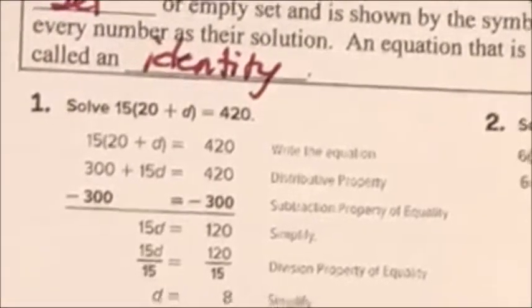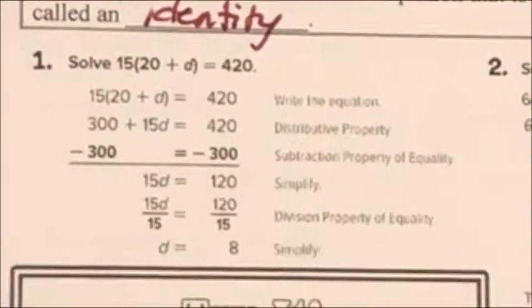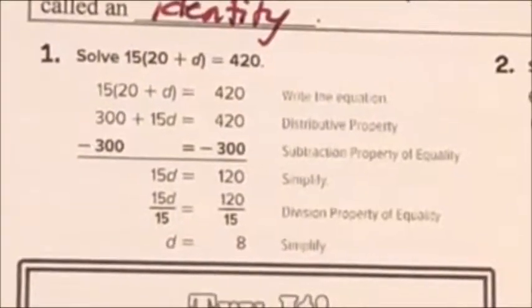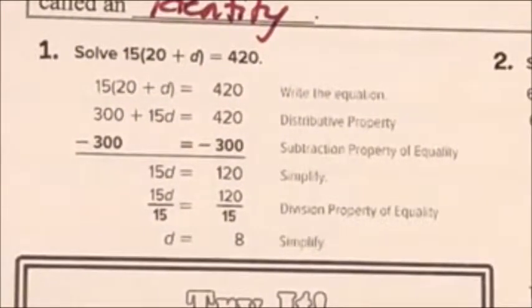So let's take a look at some examples. Example number 1 says solve 15 times the quantity 20 plus d equals 420. Okay, so first thing that I want to look at is I want to use my distributive property in order to solve this. So I want to distribute 15 to everything that's inside the parentheses.